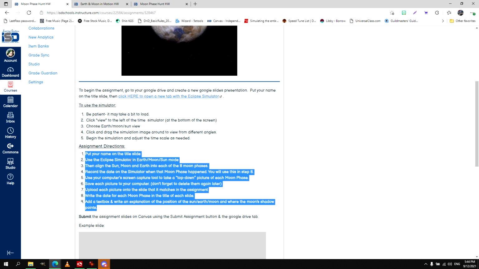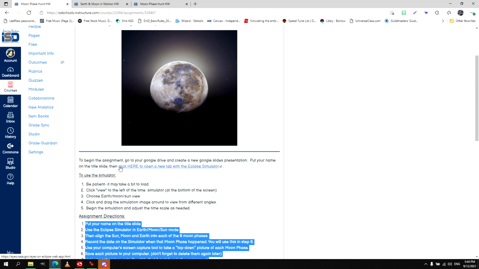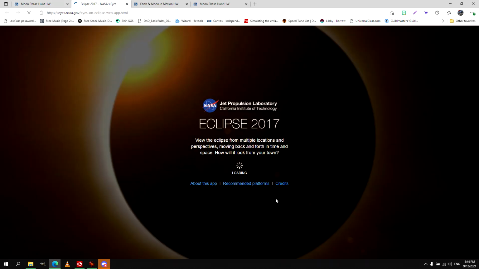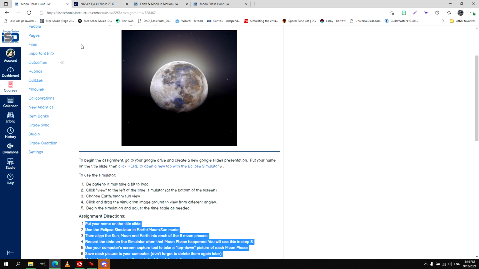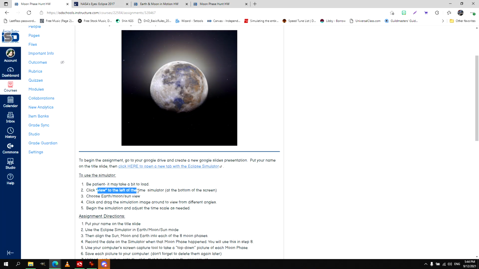So for your first slide, you'll come in here and click on the simulator. It's going to take a minute to load the first time, so be patient with it. You're going to click View on the top left of the time simulator. That's down at the bottom of the screen. You're going to choose the Earth, Moon, Sun view, and then drag the simulation around to view it from different angles.